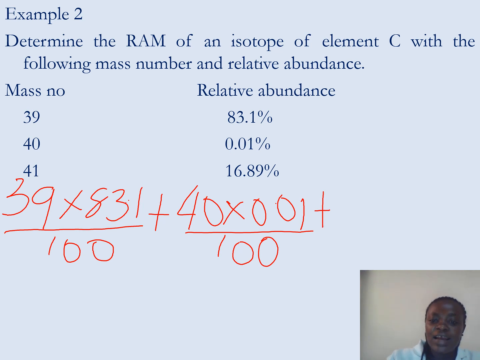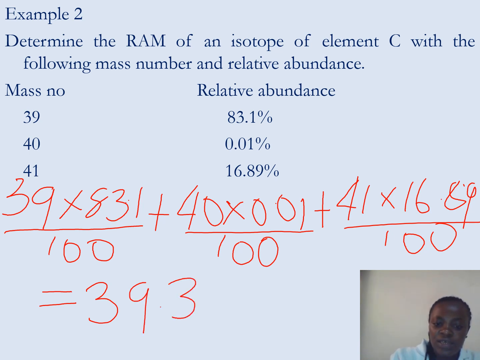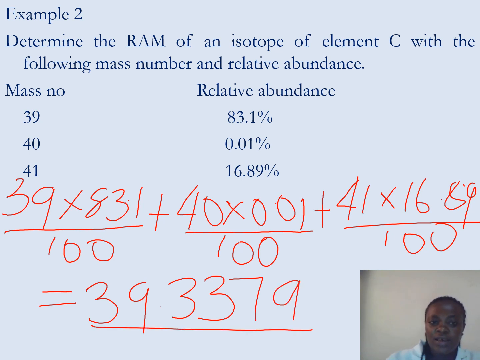Again, plus the third isotope with a mass number of 41 multiplied by 16.89 divided by 100. When we multiply and add all this, the answer is 39.3379. That is the relative atomic mass of that element C.